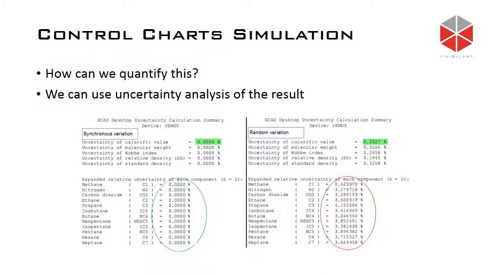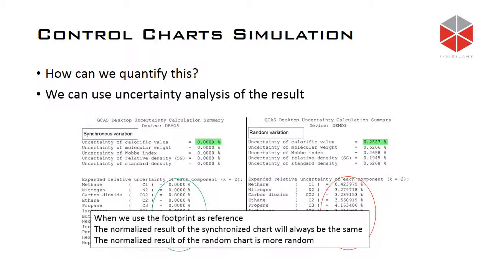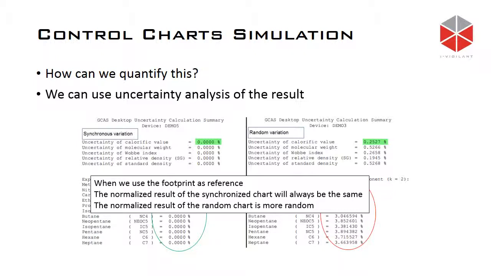We can also see the uncertainty of each component is 0% on the first chart, and quite a high number on the second chart. The reason for that is my original point: when we use a footprint as a reference, the normalized result of the synchronized chart will always be the same, while the normalized result of the random chart is more random.